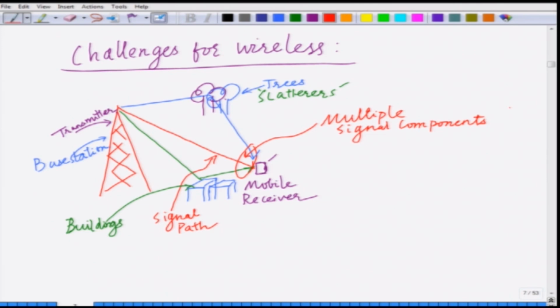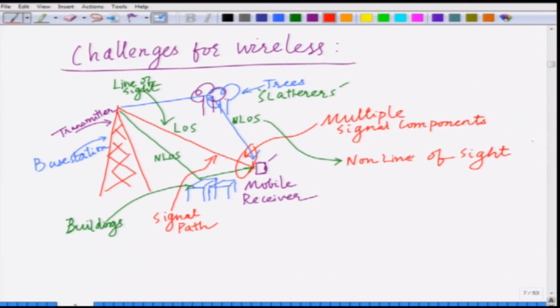So you have multiple signal components at the receiver. This component, which is the straight line component, is known as the LOS, or the line of sight, component. These components which arise from the scattering action and which are the deflected components are known as NLOS, or the non-line of sight, components.